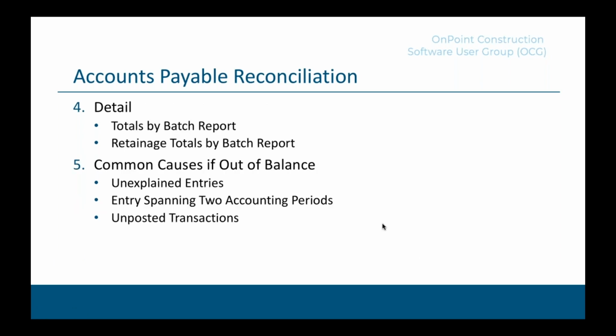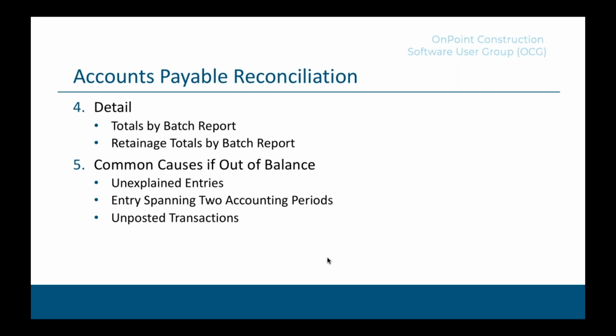But if not, there's the totals by batch report and retainage totals by batch report that you can print to see if there are some batches that aren't showing up, and give you some common causes of what's out of balance.